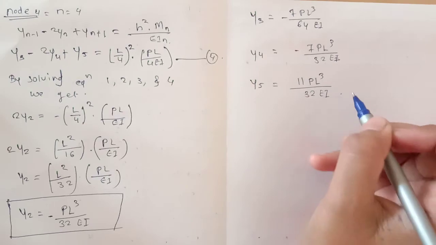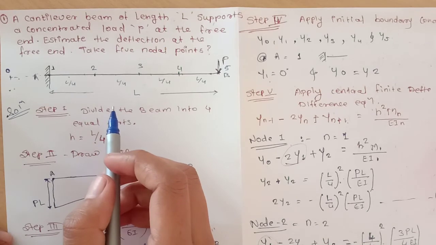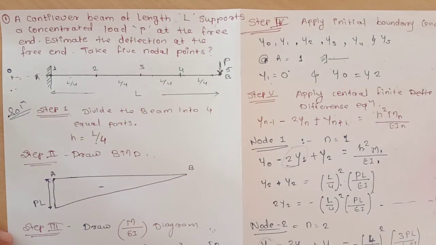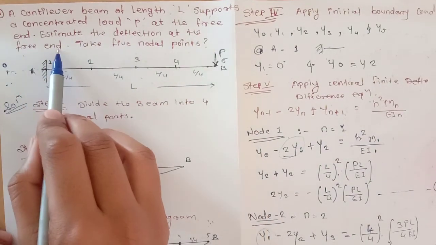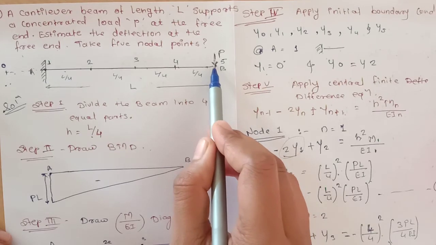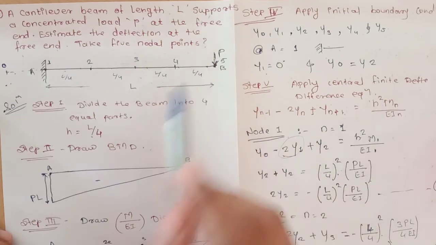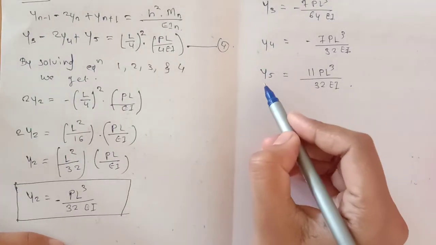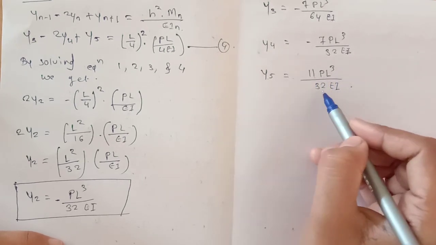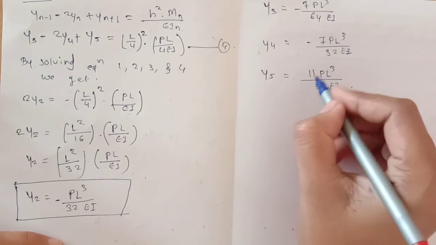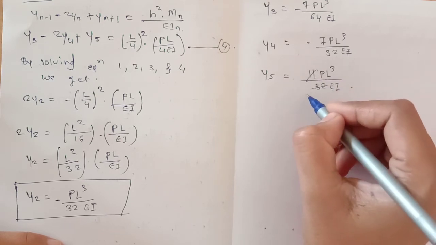Okay, so you can see here in the question, we have to find out the deflection at the free end, that is the deflection at point 5, the fifth nodal point. That means the deflection under the fifth node. So the deflection under the fifth nodal point is 11 PL cube divided by 32 EI. So here 11 divided by 32 is approximately 1 by 3.